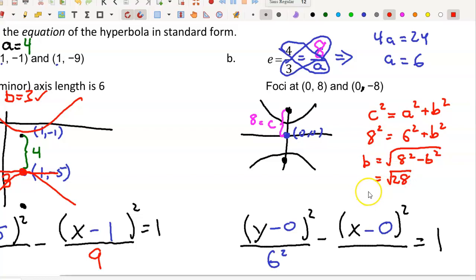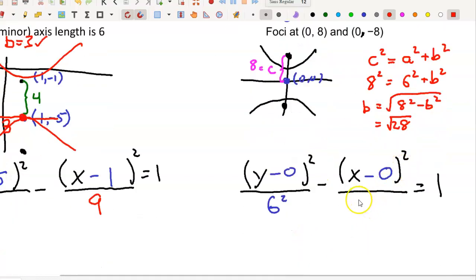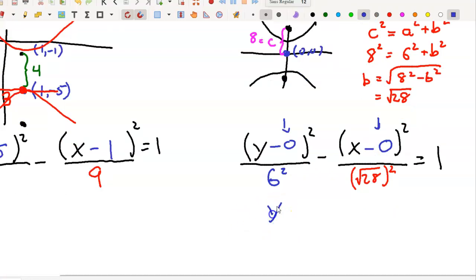That's okay, that's not like a perfect square. That's totally fine. So I'll put B squared, and then just do one more step and simplify all this. So if it's ever minus 0 like this, we don't need to write those. So our final answer could just be y squared over 36 minus x squared over 28.